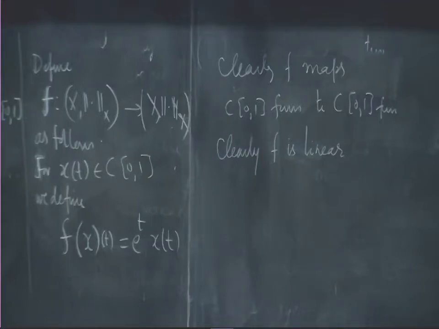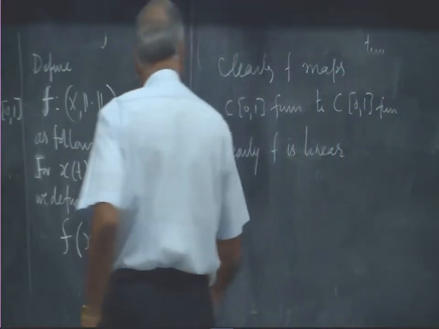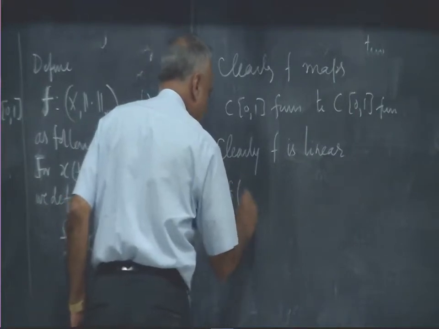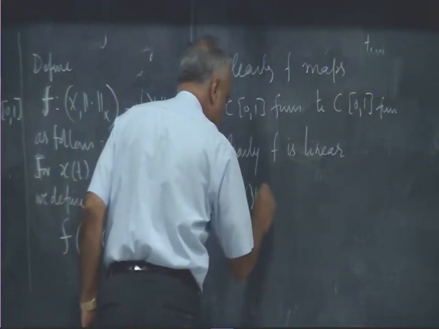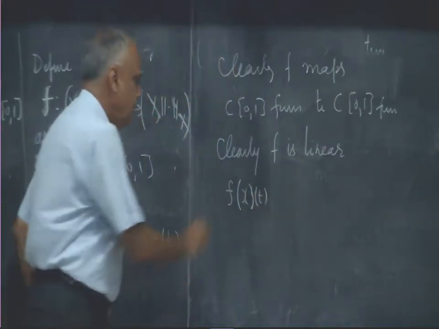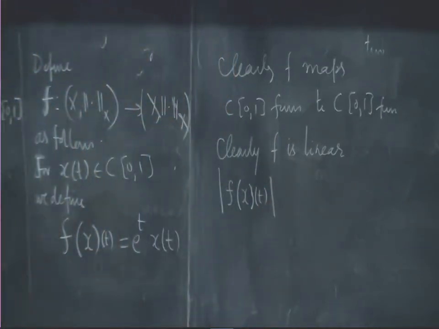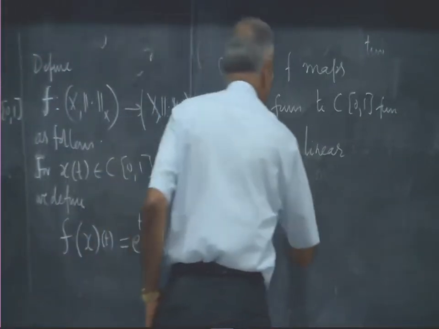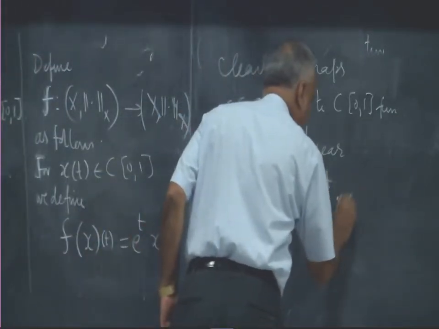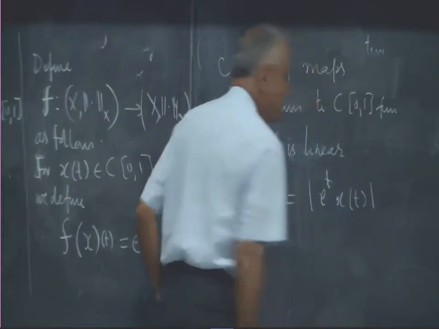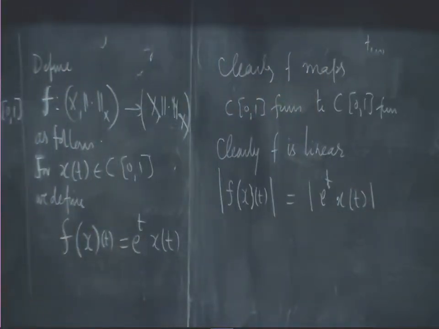Now we show f is bounded. So let us look at the modulus of f of x at t. The modulus of the transformed version is the modulus of e to the t times x of t.